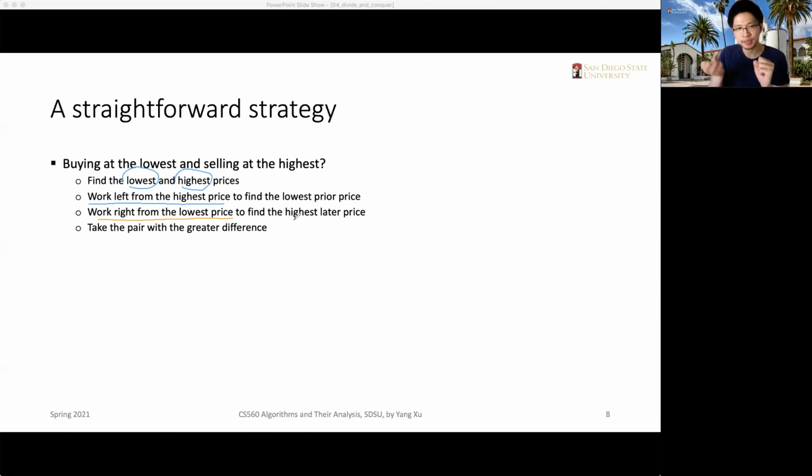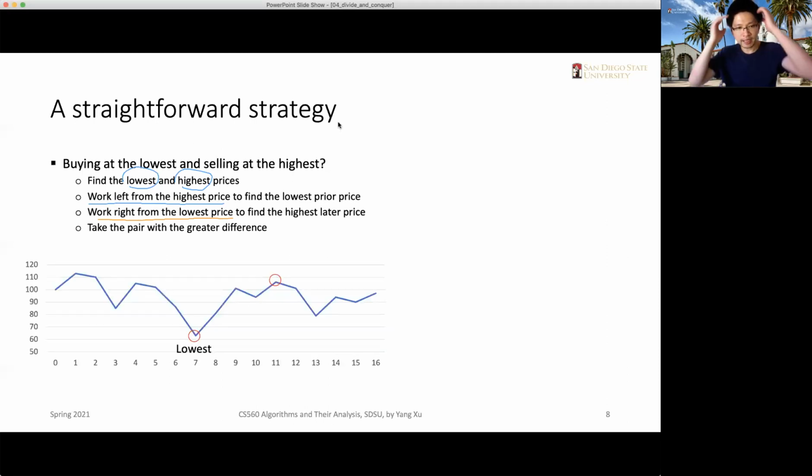And then we need to compare these two ways indicated by the blue color and the orange color, and we want to see which one gives us better revenue, better profits.